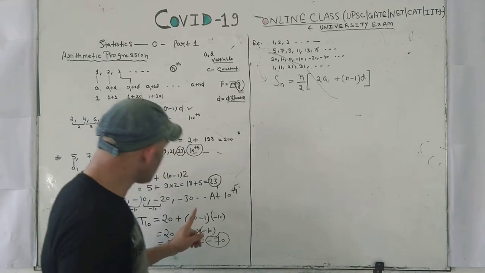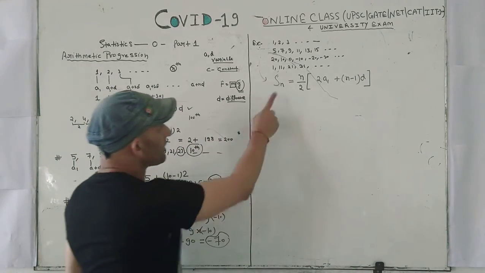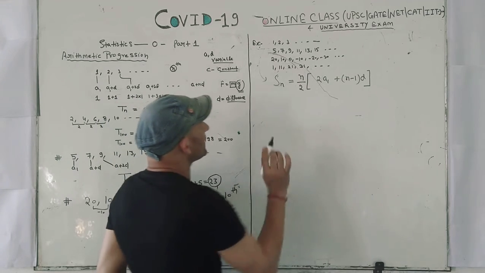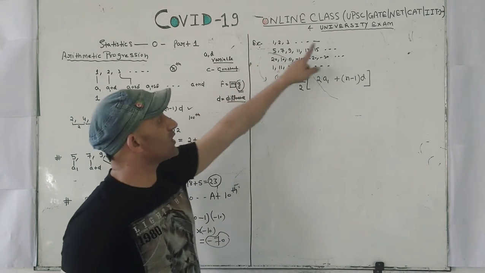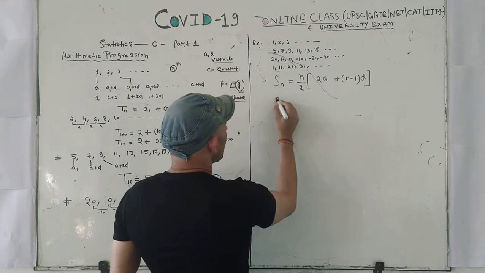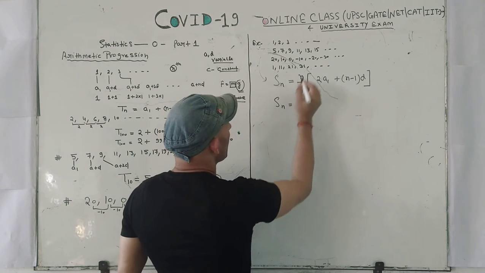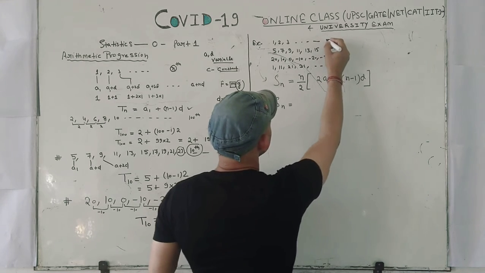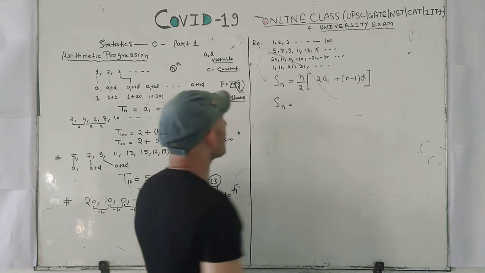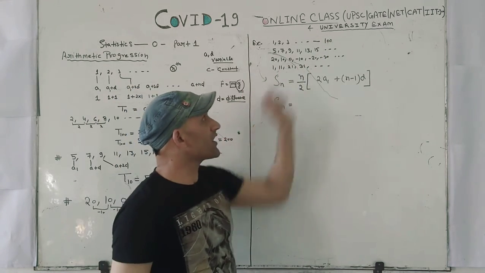So we are finding the sum of natural numbers. Suppose n is 100. What is the sum of the 100 natural numbers?